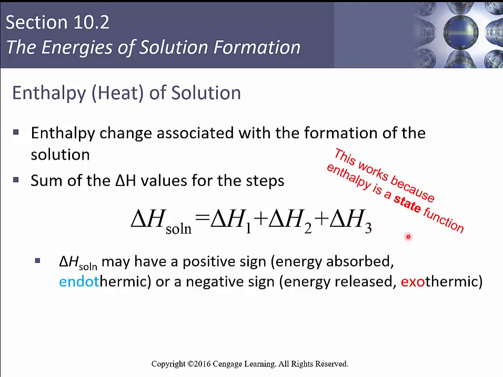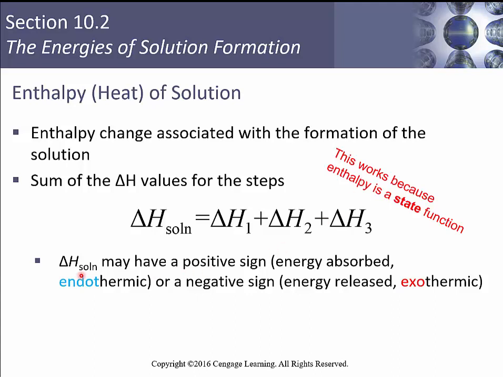And this is going to work because enthalpy is a state function. If you don't remember what a state function is, go back to that part in Gen Chem. Basically, it says it doesn't matter what steps we took to get there. We just need to know where we start and where we finish. So we're starting with separate solvent and separate solute, and then we're going to combine them into this new solution. If we took 20 steps to get there or 3 steps, we're only looking at our final and our initial states.